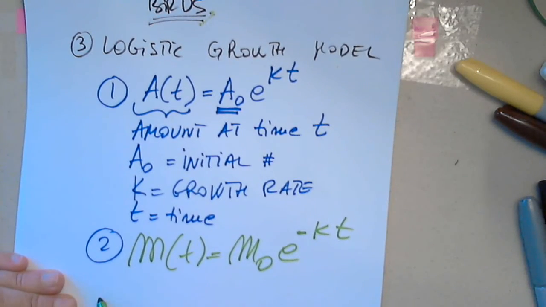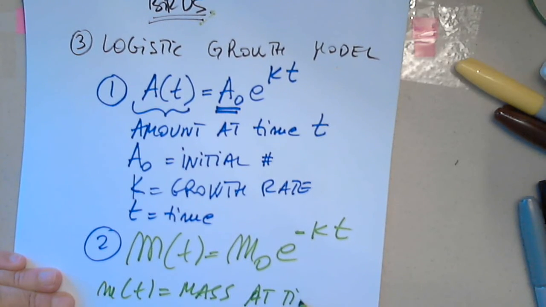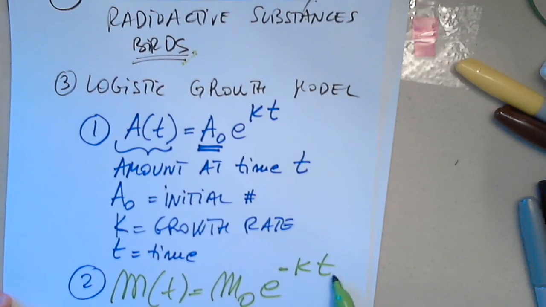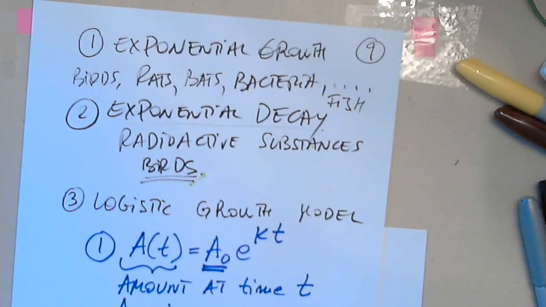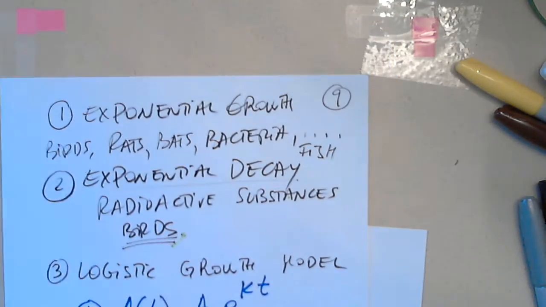Now this time m of t is the mass at time t, m0 the initial mass. K and T are the same thing, but this time k is not the growth rate, but the decay rate.